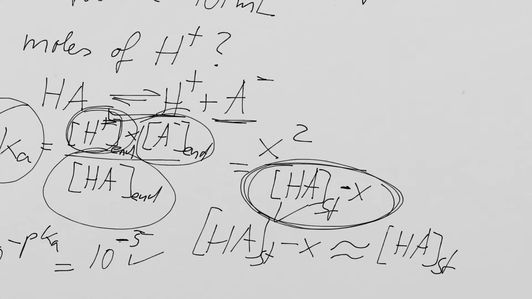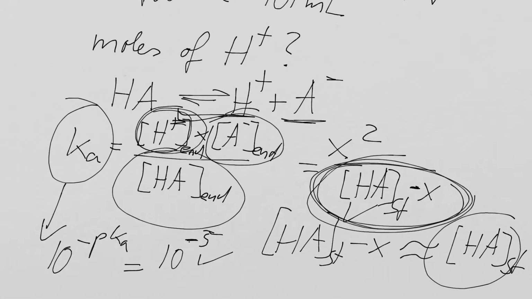So at the end we would have 999 molecules of HA, which is pretty similar to 1,000. So it's safe to say for a weak acid that we can write it like that. So that leaves us with 10 to the minus 5 equals X squared divided by our starting concentration of the acid, in this case 1 molar.